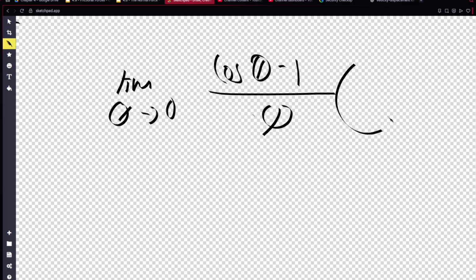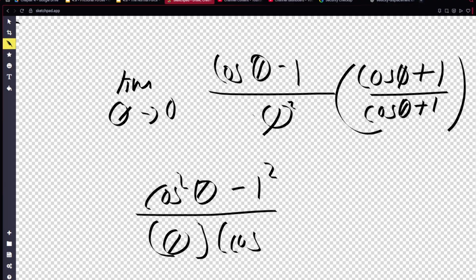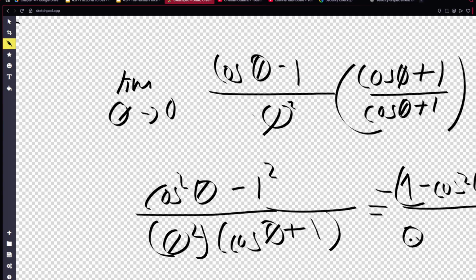Whatever. The limit as x approaches 0 of cosine theta minus 1 over theta. Again, algebraic manipulation. I would use conjugate pairs, which is a difference of squares. That would be cosine squared theta minus 1 over theta times cosine theta plus 1. Oh, sorry, this would be theta squared, actually, is what the book says. And remember, cosine squared minus 1 is the same thing as negative sine squared theta. This is a trigonometric identity.